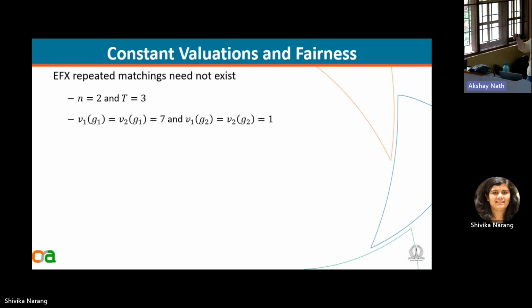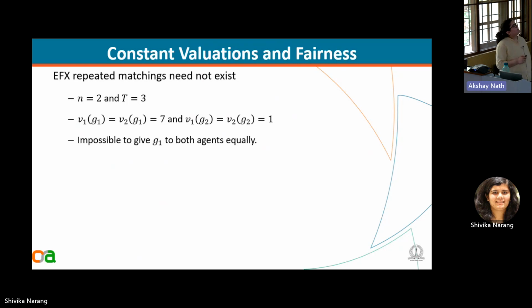So even if I get G2 3 times and the other person gets G1 just once, my value can never be greater for my bundle than the other person's bundle, right? And it's impossible to give G1 to both agents equally. So whosoever gets G1 less will envy the other agent, irrespective of which item you remove from their bundle.